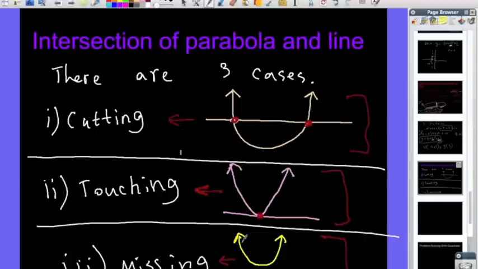There are ways to find out if the graph is cutting, touching or missing without graphing or sketching, and that way is by using the discriminant. Let me give an example.